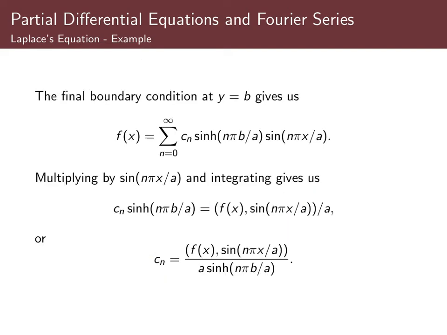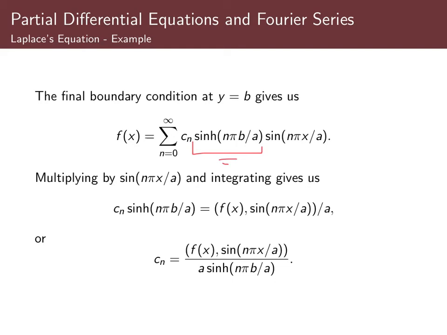As before, we use our final boundary condition. This is going to be a little bit trickier because sinh is not going to immediately turn into 1 when we plug in y equal to b. It just becomes this constant, sinh of n pi b over a.